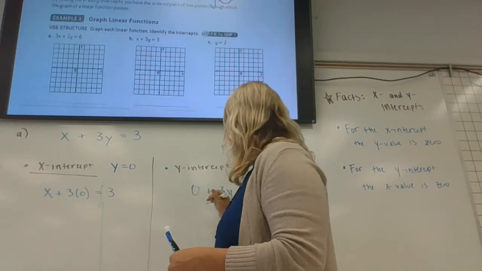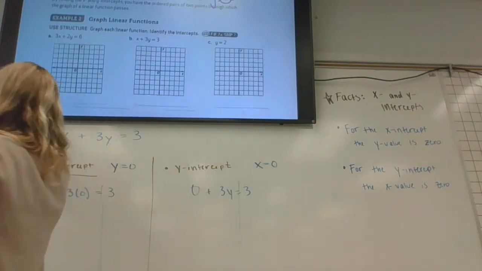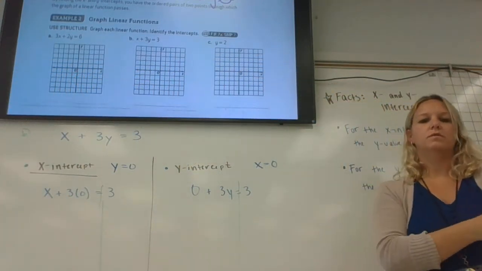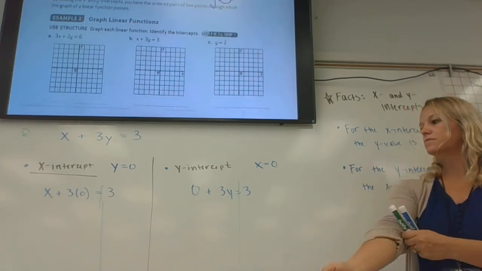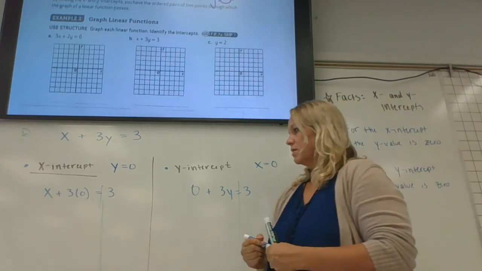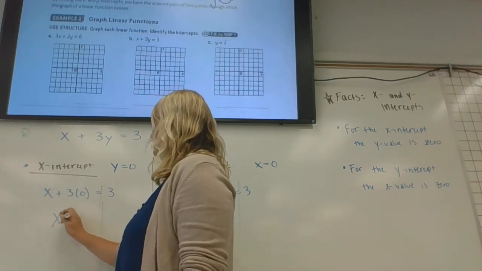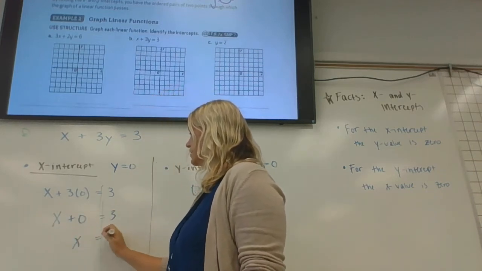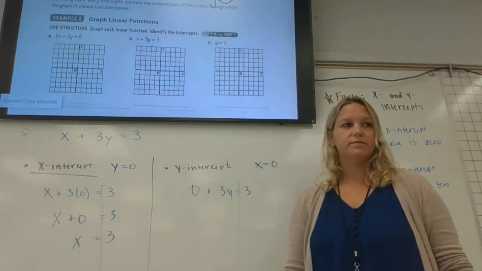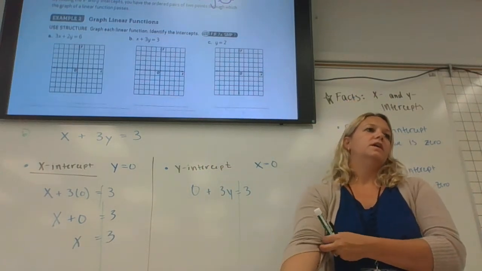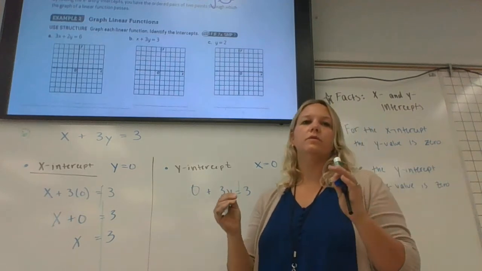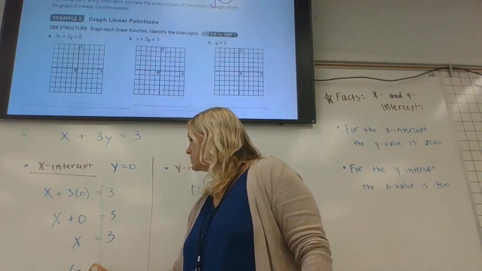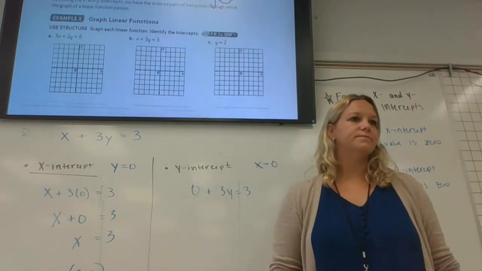We'll start with letter B. So you know 3 times 0 is 0. x plus 0 is just x. We get x equals 3. Go ahead and write it as an ordered pair. Pair it with the 0. So this will be (3, 0). Plot it.